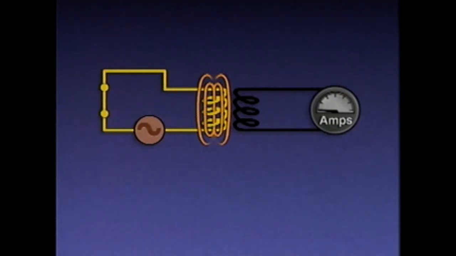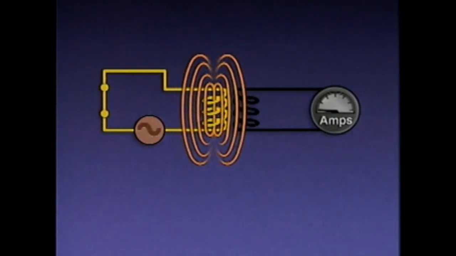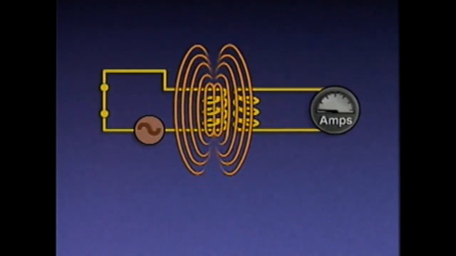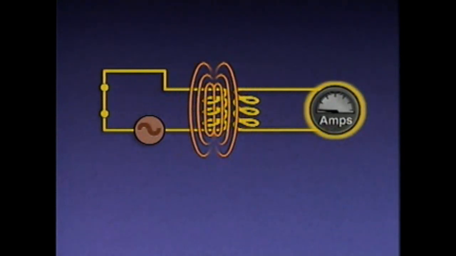The nature of the alternating current that passes through the primary winding causes the magnetic field to expand and collapse repeatedly. As the magnetic field expands and collapses, the flux lines cut across the secondary winding. This induces a voltage in the secondary winding and causes current to flow through the secondary side of the circuit. The ammeter detects the current flow, and its pointer provides a visual indication.